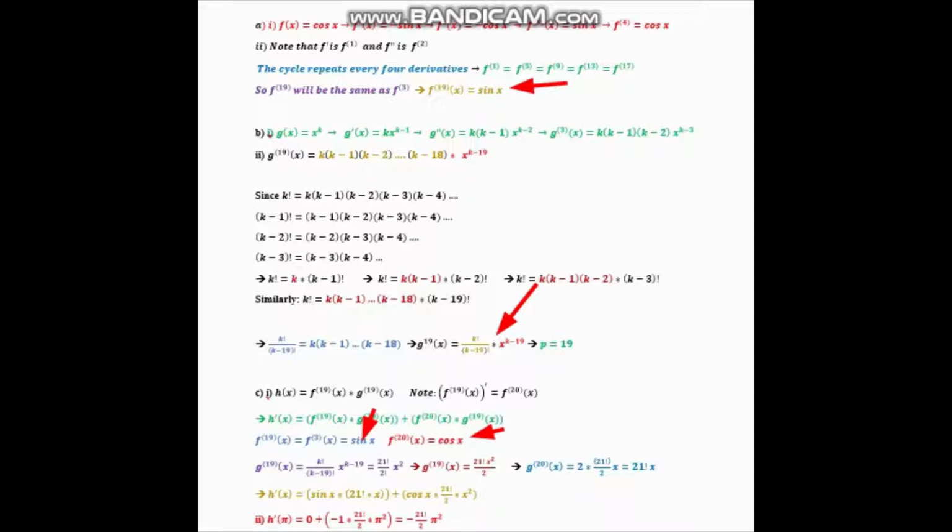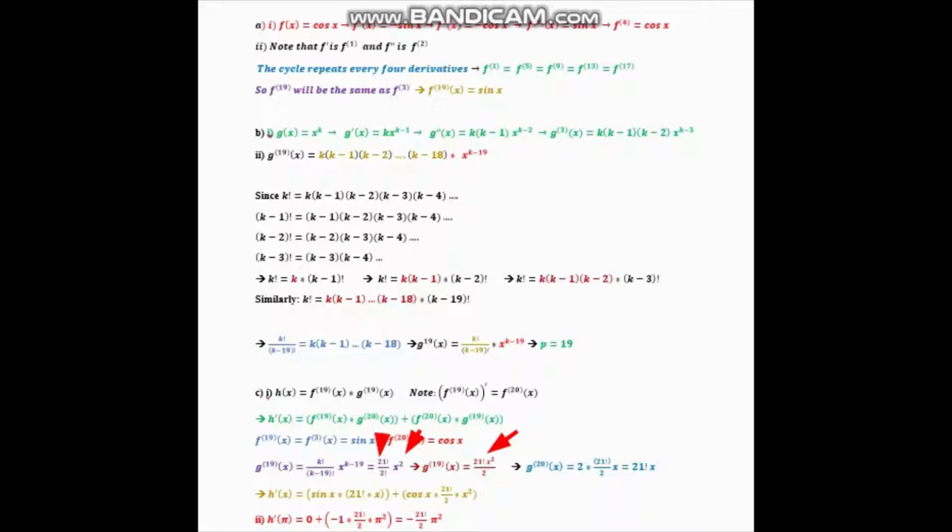So now that I know the value of k, I can substitute that into the expression, and I obtain 21 factorial over 2 factorial times x squared, since k equals 21. So now I have an expression for g19, which is 21 factorial x squared over 2. Of course, 2 and 2 factorial are the same thing, because 2 factorial is 2 times 1. So this is my v.